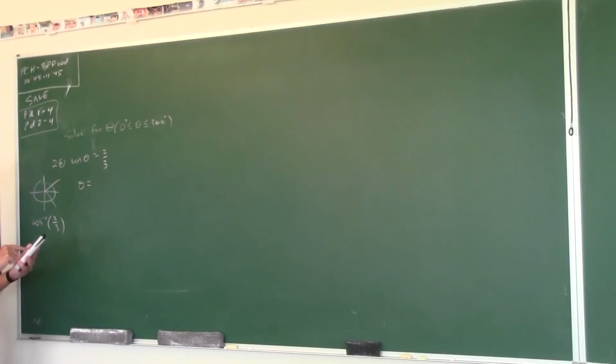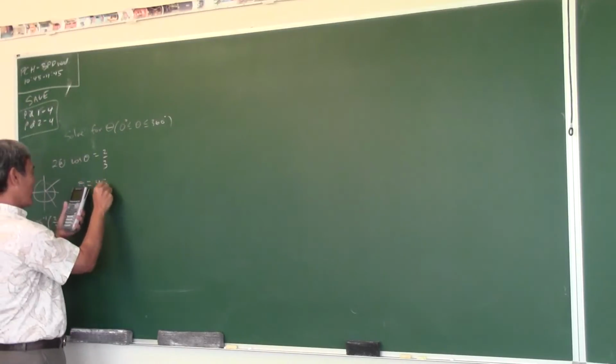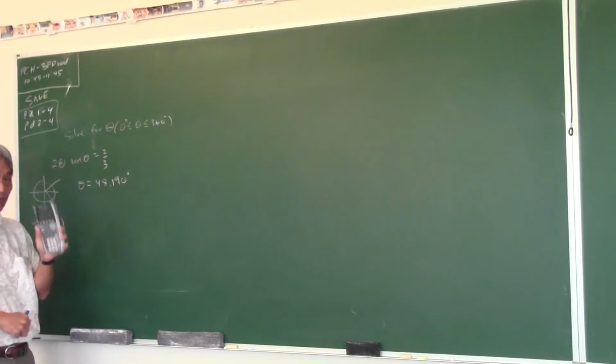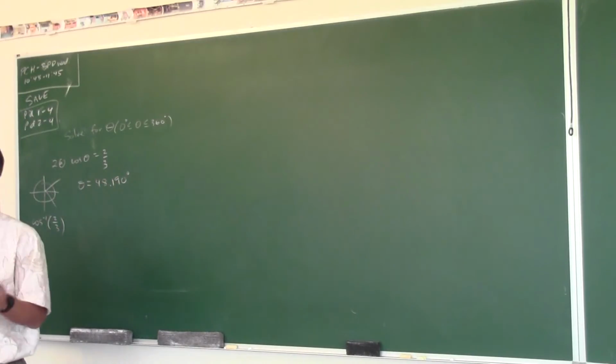When we first learned this, we did it before we studied inverse trig functions, but now we know this means the cosine of what angle is 2/3. So if you punch that in on your calculator, you get 48.190 degrees. And again, if you use a calculator, you have to round off to 3 places.